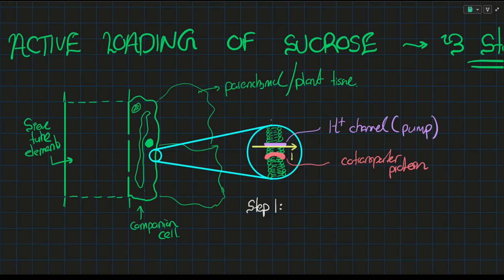We have pumped H plus ions into the plant parenchymal tissue. So now this plant parenchymal tissue is going to be full of H plus ions. That's step one.